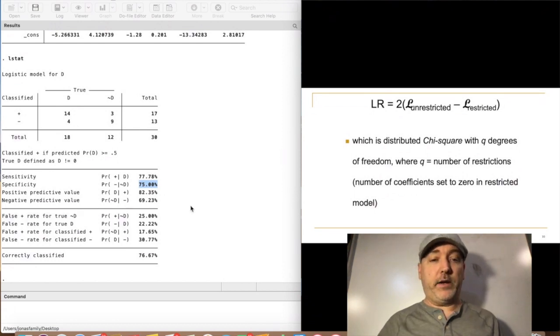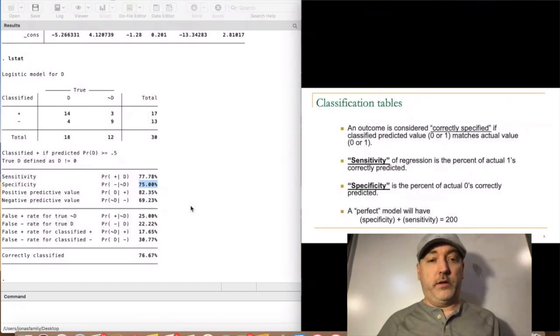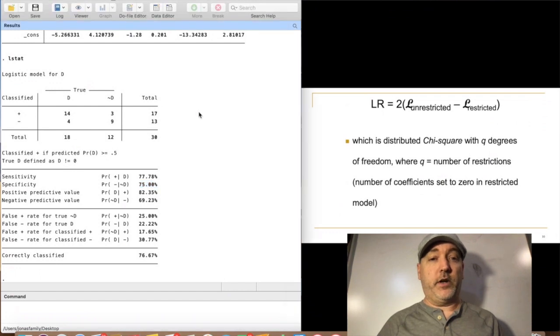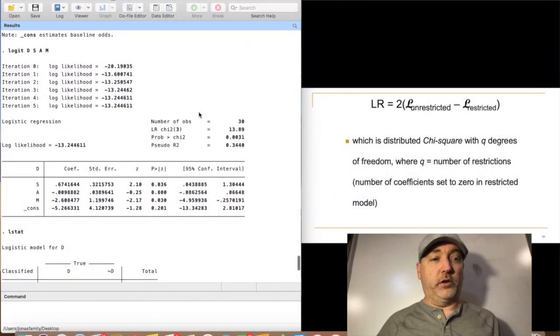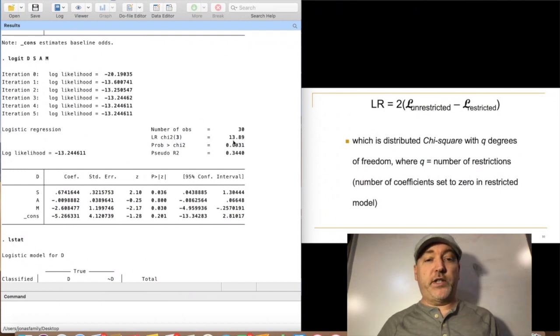So if we go back up here and look at our little Logit model, what you see is a likelihood ratio statistic where we would normally see an F statistic, right? So this likelihood ratio stat and its accompanying p-value are referencing the null that all of our coefficients in our model are 0.